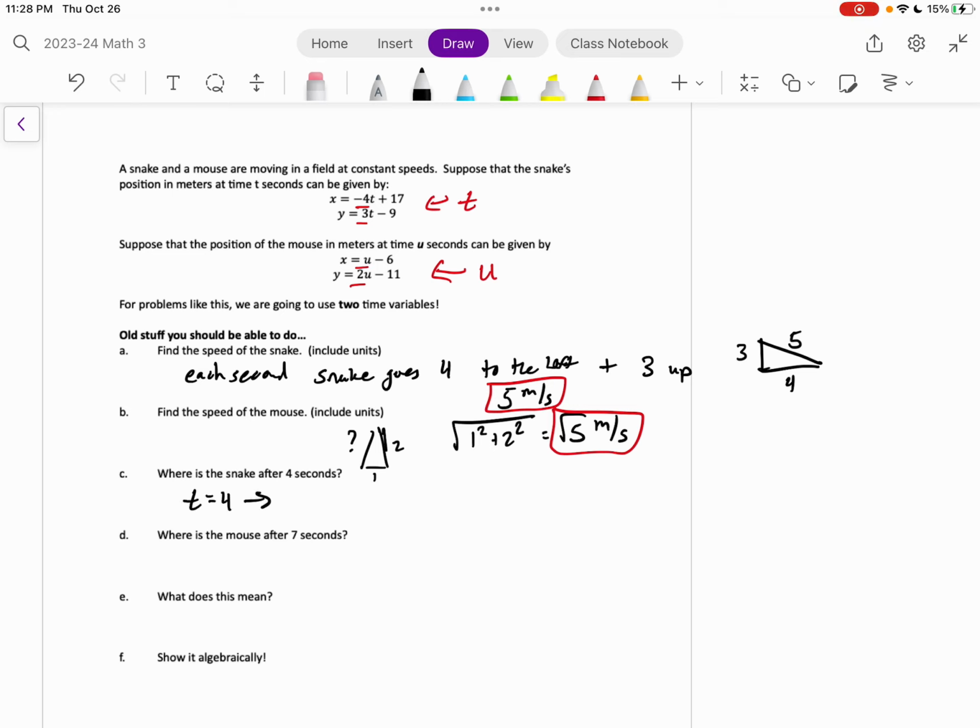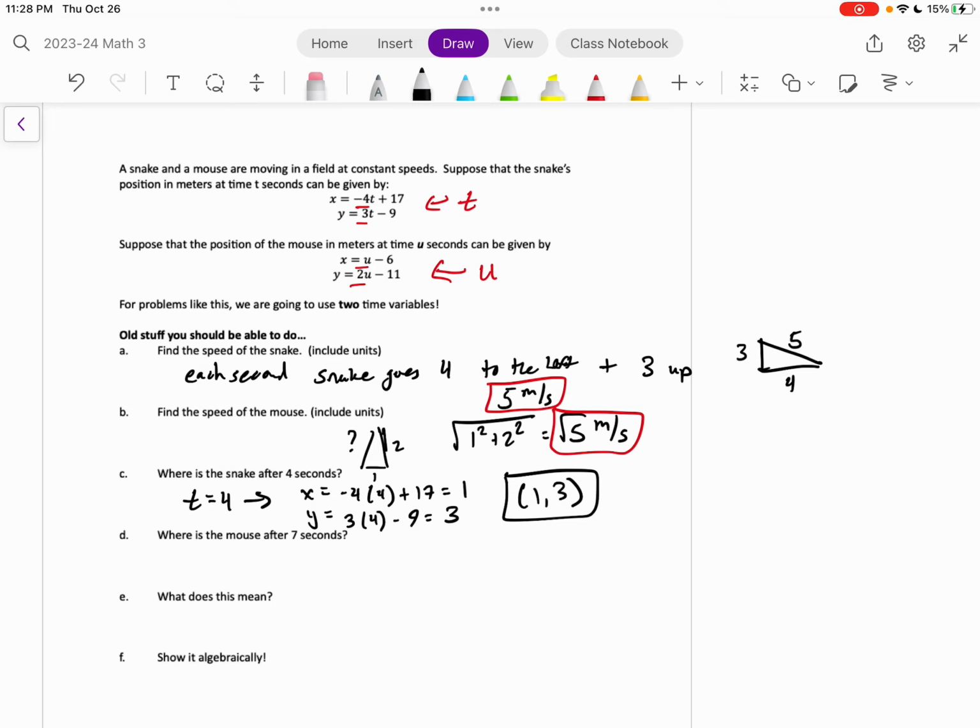That leads us to x equals -4 times 4 plus 17, which is 1, and y equals 3 times 4 minus 9, which is 3. All right, so the snake is at position (1, 3). We should be pretty happy with that.